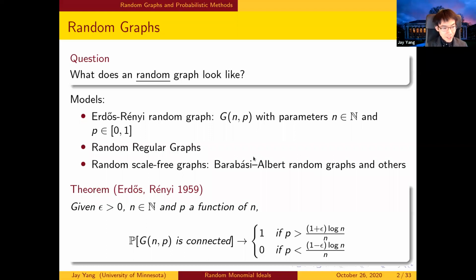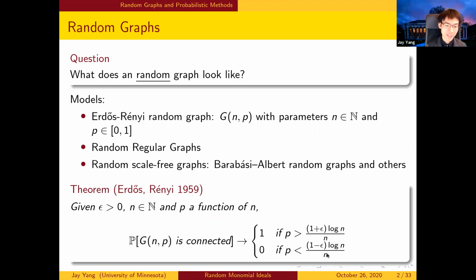And so as a bit of flavor, let's look at probably one of the most famous theorems on random graphs, which is the connectivity result by Erdos and Renyi, which says that essentially, as usual, p is a function of n. If p is greater than, well, there's a 1 plus epsilon, but essentially log n over n, then your random graph is going to be connected.